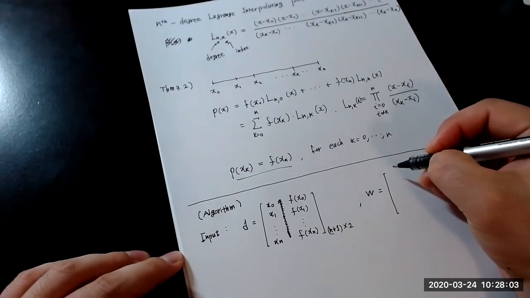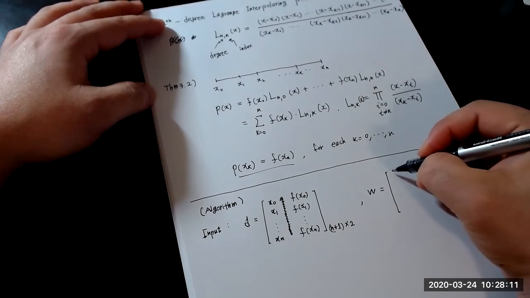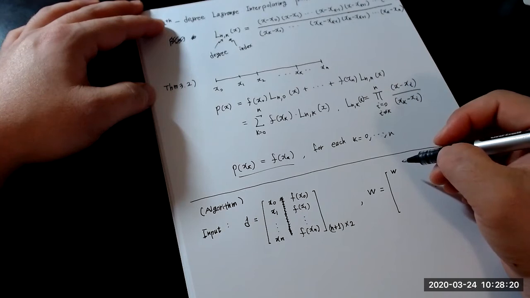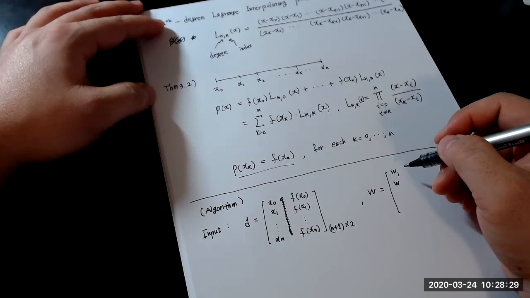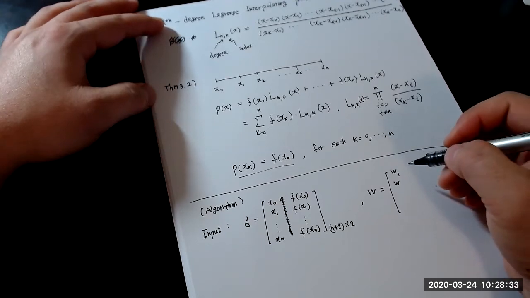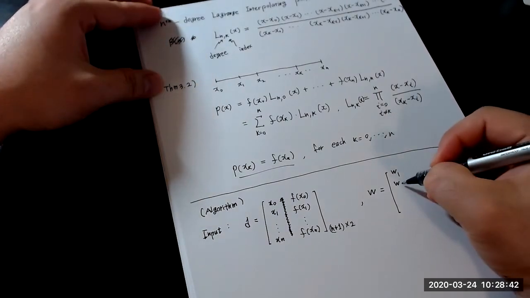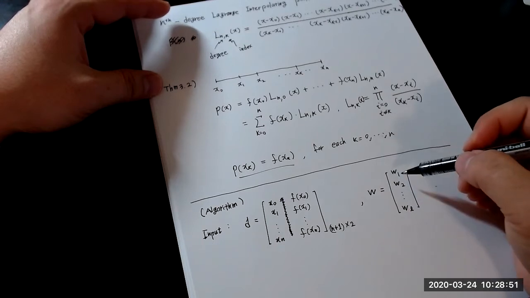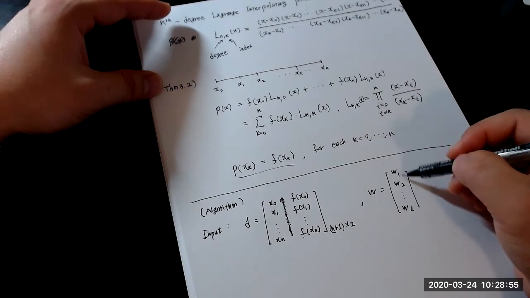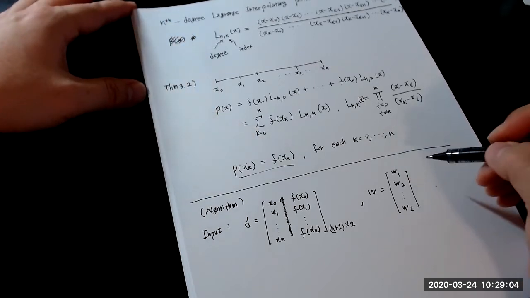Let's say w1, w2, up to wL. You can start from the subindex 0, not 1, but the reason I start from 1 is that in MATLAB the index starts from 1.